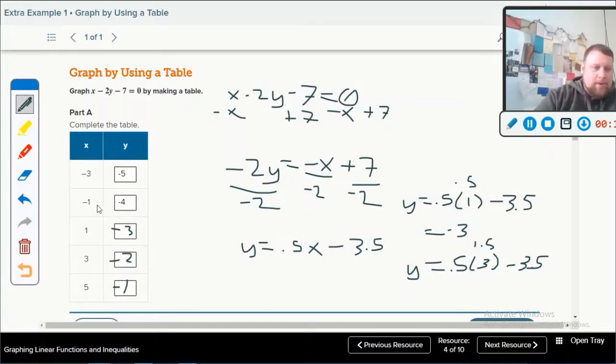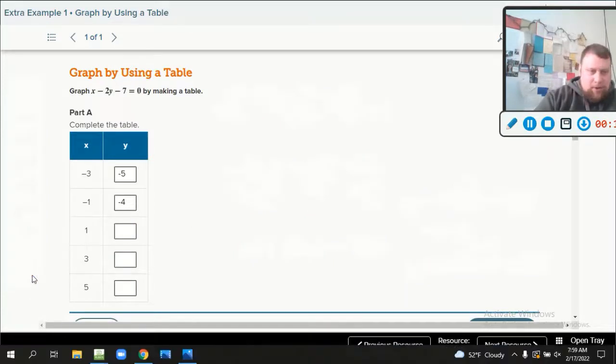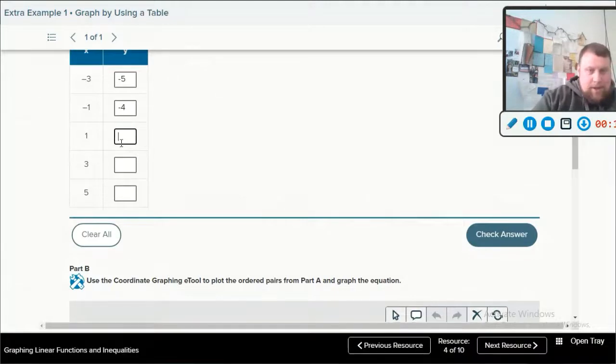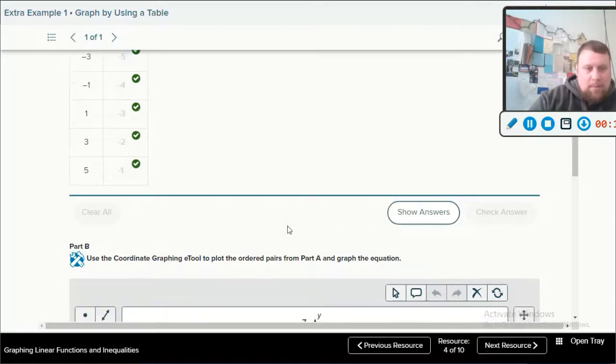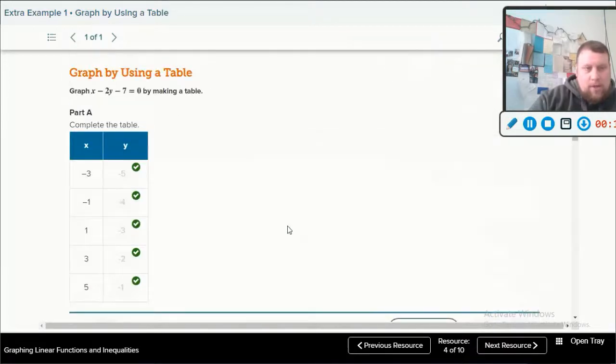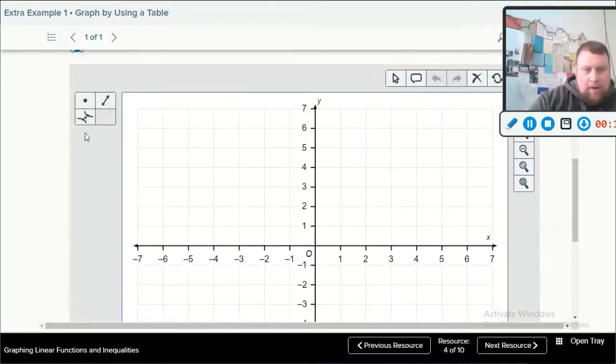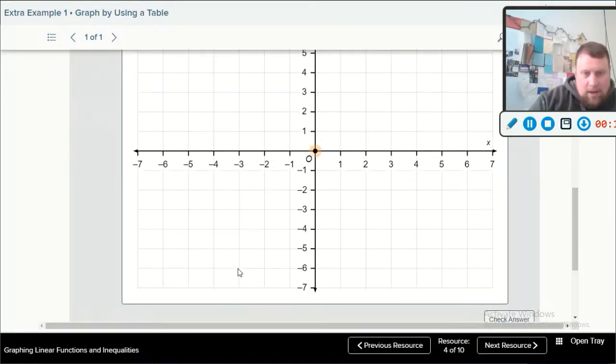So there we go. All right, I'm going to delete this, pause it if you need to. This should be negative 3, negative 2, and negative 1. Okay, so we're going to start off at negative 3, negative 5 to graph this. So I'm going to go to negative 3, negative 5.